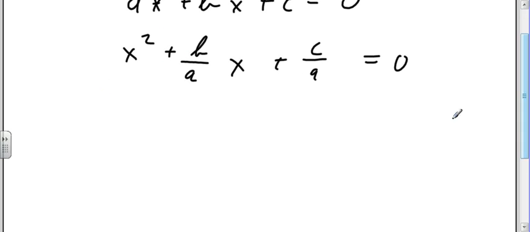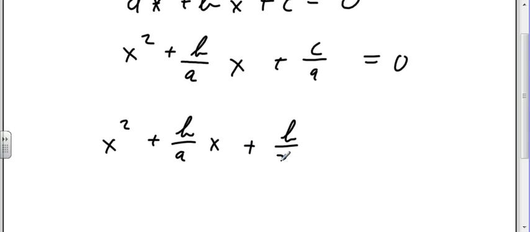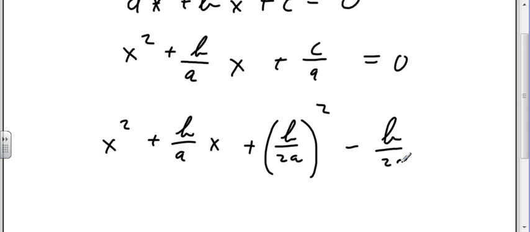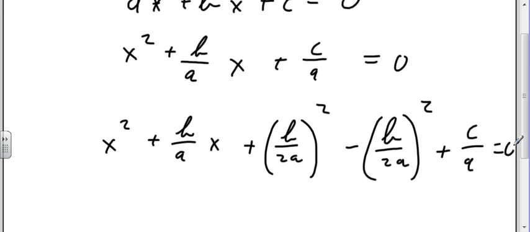And then you take half of the coefficient in front of the x term. So I'm going to take b over a x, and then I'm going to add b over 2a, square it, and then subtract b over 2a, square it, and then I've got plus c over a is equal to 0.